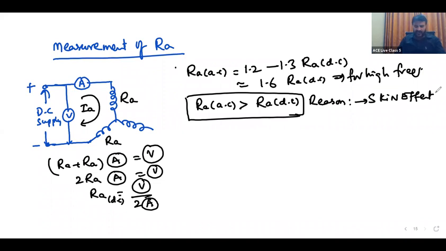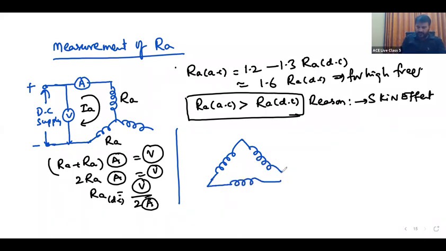This is for star connection. Similarly, if you want to find for delta connection, how to measure? For delta connected armature, RA.